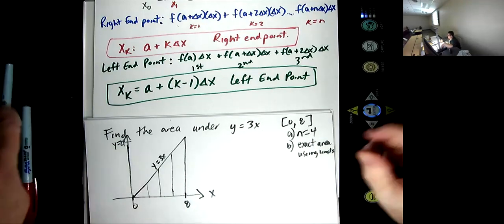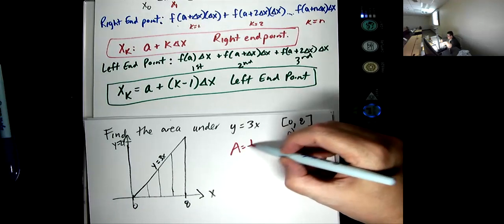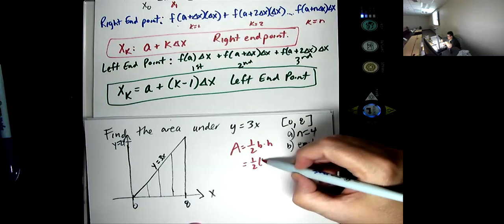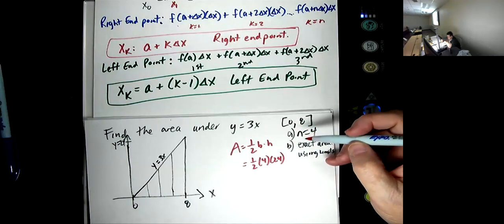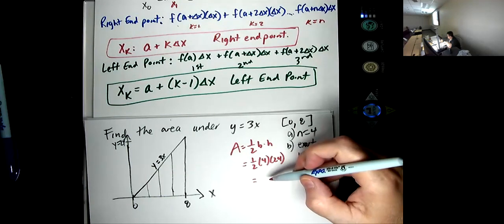We are looking for the area of that triangle. Area equals 1/2 base times height. 1/2 4 times 24 is 48.